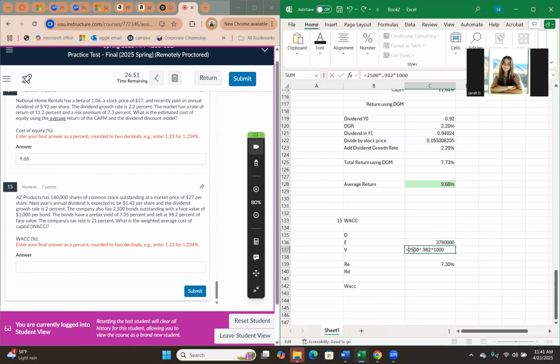So I'm taking how many bonds there are times what they're worth currently on the market. So they're selling for 98% of the $1,000 face value times how many bonds there are. I get 2,455,000, and then the total value is going to be the sum of these two. Okay.